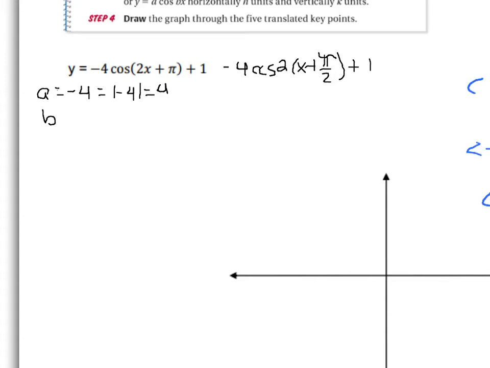See how I factored out that 2? It has to be factored out in order to be able to identify H and B. So I now know B is 2, H is negative pi over 2, K is 1.